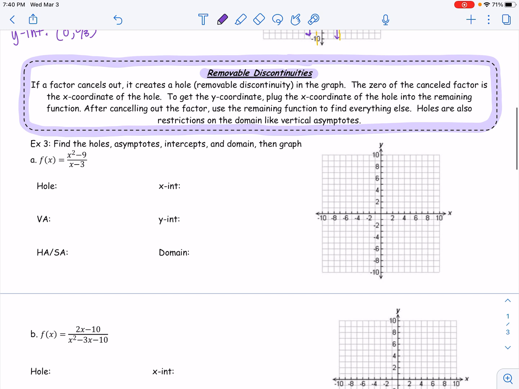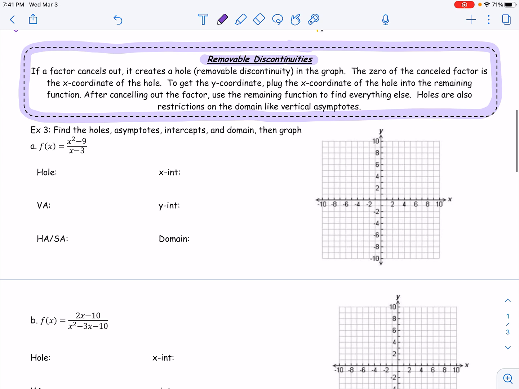Now let's talk about holes, H-O-L-E-S. We call them removable discontinuities, okay? Discontinuity, meaning not continuous. So you know that our first step in this process is always factoring. So it says, if a factor cancels out, it creates a hole or a removable discontinuity in the graph.